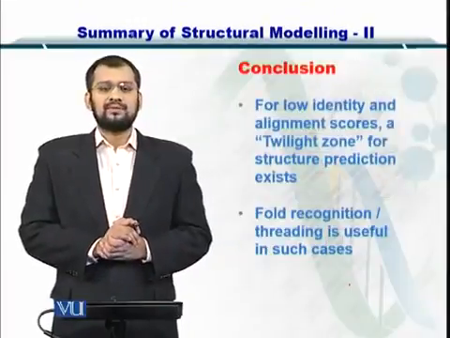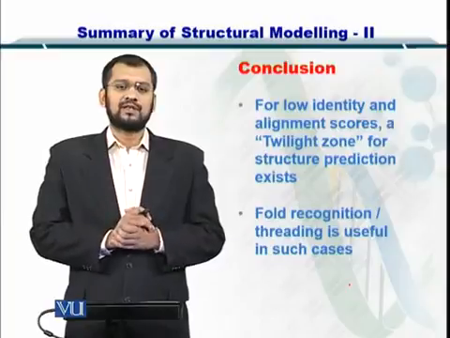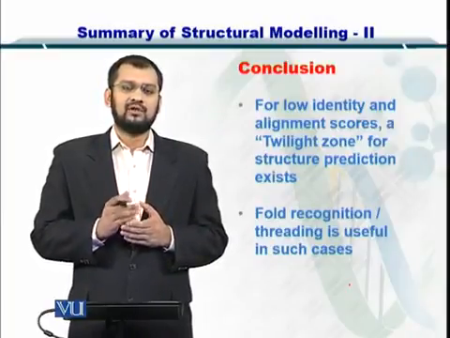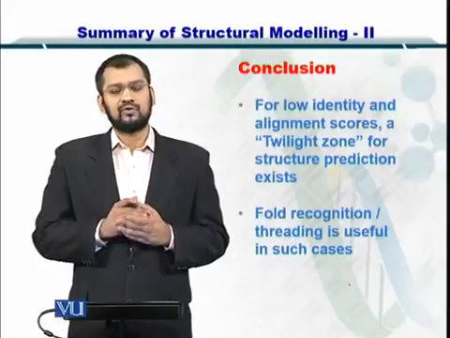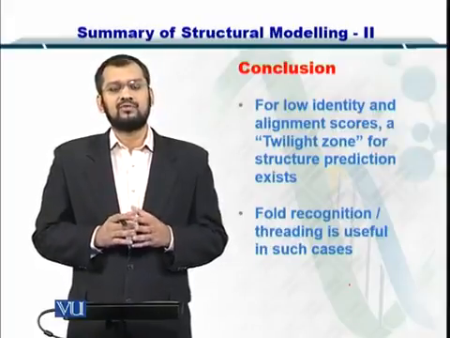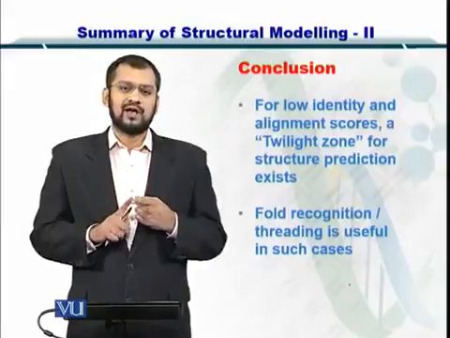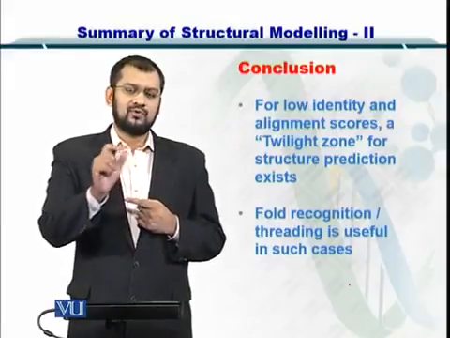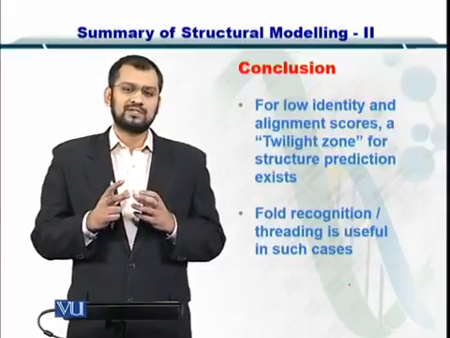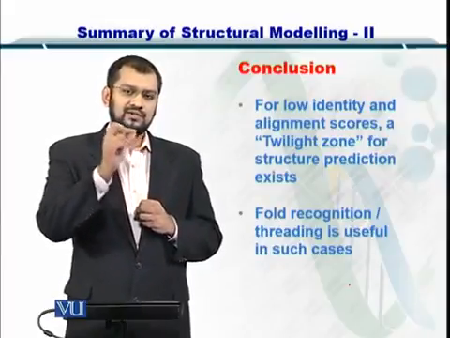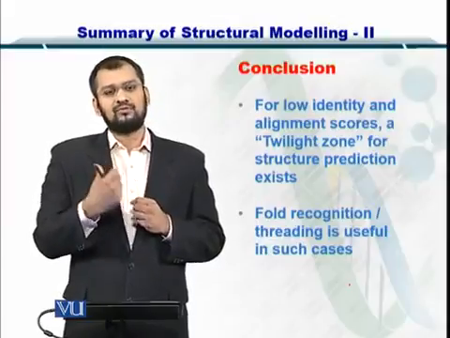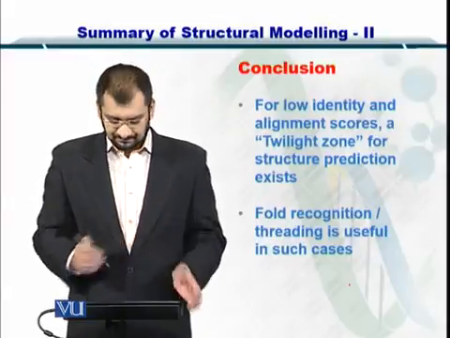So in conclusion, for the fold recognition, you may have a low identity and a low sequence alignment score. In such cases, threading is very useful. Threading relies on the fold databases, and you have to find different folds from the overall protein structure and then investigate each fold individually to form that fold from the sequence that you have.